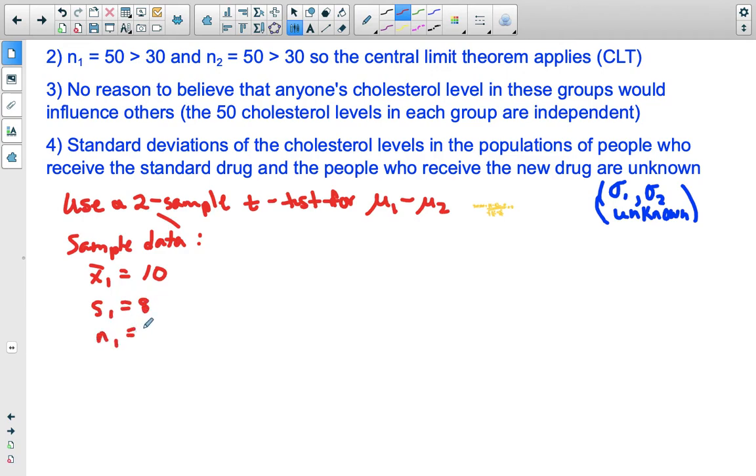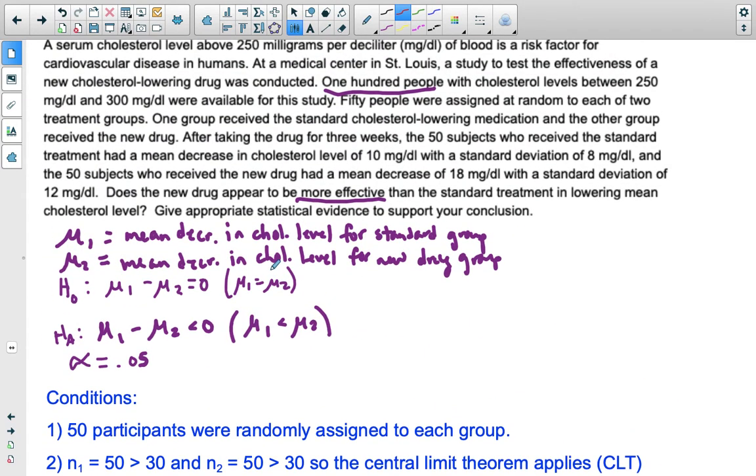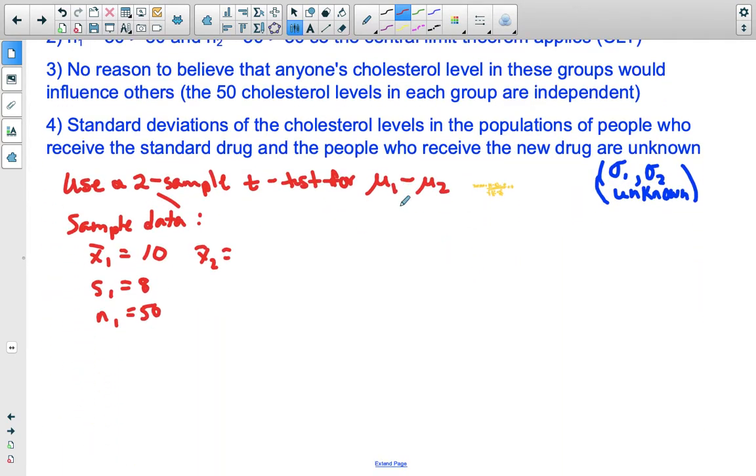N1 was 50. Sample 2, which refers to our new drug group, had a mean decrease of 18 and a standard deviation of 12.